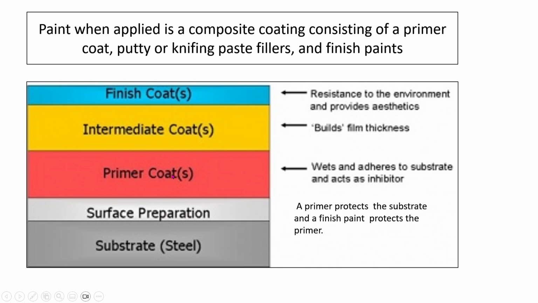Then the finish coat: one coat of primer, two coats of intermediate, and the last coat is paint that resists the environment and provides aesthetics, a beautiful color, and protects from the environment. The finish coat will protect the primer, and the primer will protect the substrate.